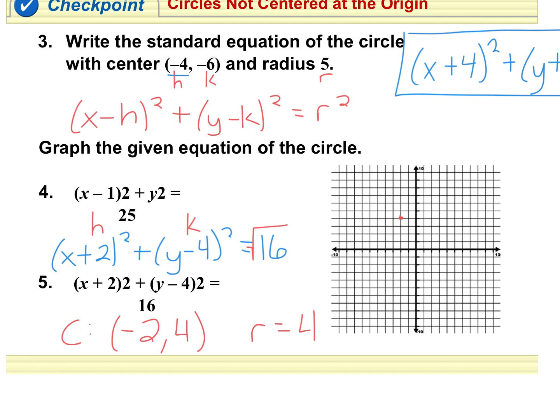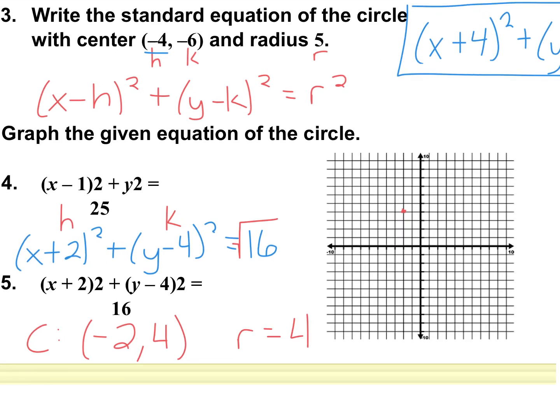Count 4 in each direction, then make a circle. I'm going to go 4 to the right, 4 down, 4 to the left, and 4 up, and then you can draw your circle. There are two important parts you need: your center, and your radius.